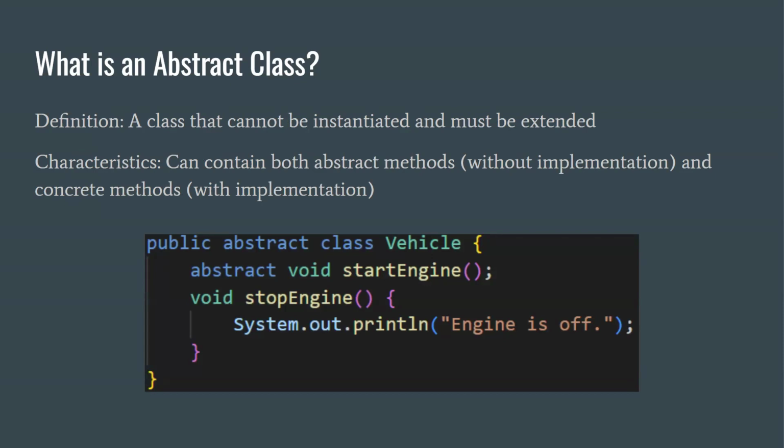What is an abstract class? So an abstract class in Java is a class that cannot be instantiated on its own and must be extended by other classes before it can be used. Unlike regular classes, abstract classes can contain abstract methods which do not specify an implementation.